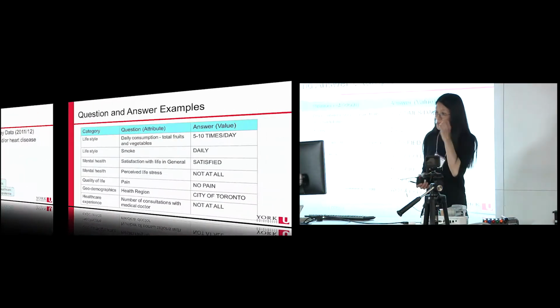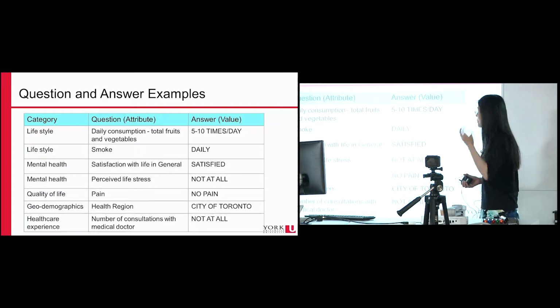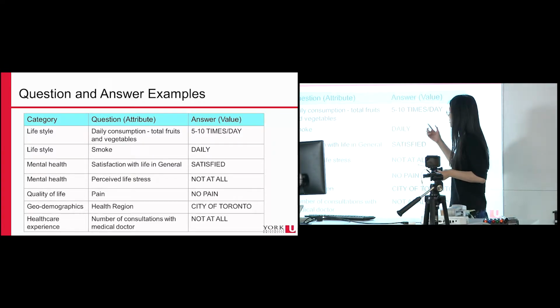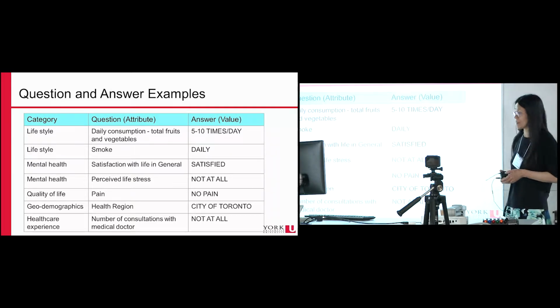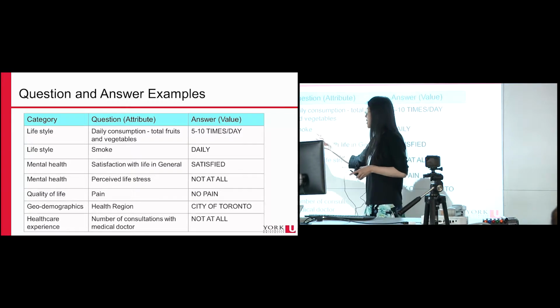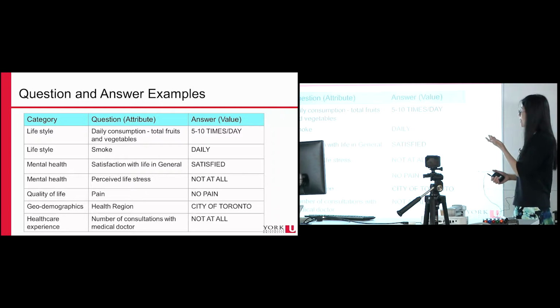Just to let you see what type of questions are in the data set, here are some examples. In the lifestyle category, one question asks about the daily consumption of fruit and vegetables. There are a number of choices for the answers, and 5 to 10 times per day is one of them. Another example in the lifestyle category is how often you smoke, and one of the answers could be daily.